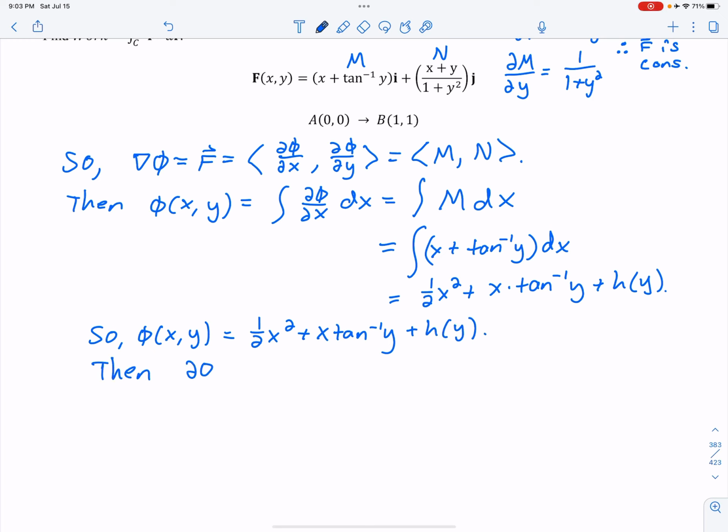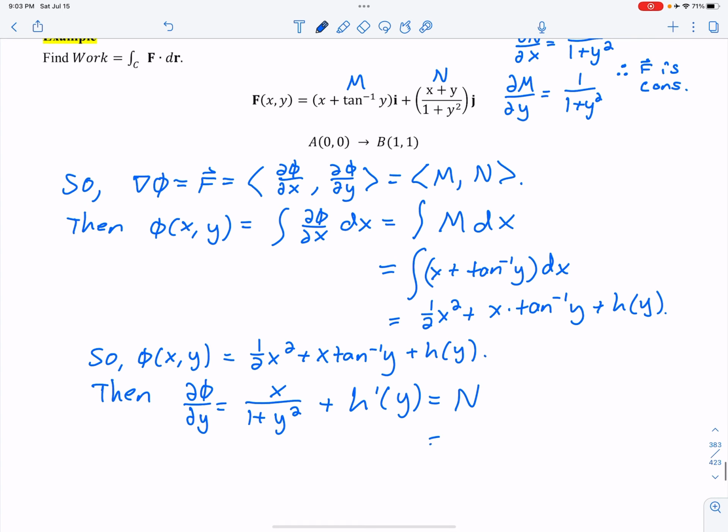So the partial of phi with respect to y. The only thing that's going to stick is that inverse tan to give me a 1 plus y squared underneath the x. The x is a constant. Plus h prime of y. And this is going to be equal to n. Well, we just rewrote n just a second ago. We can do that same thing here. And that's really going to help us out.